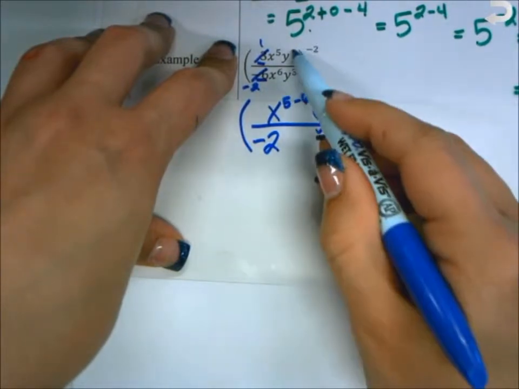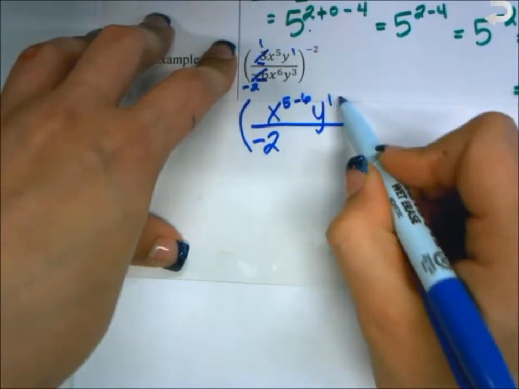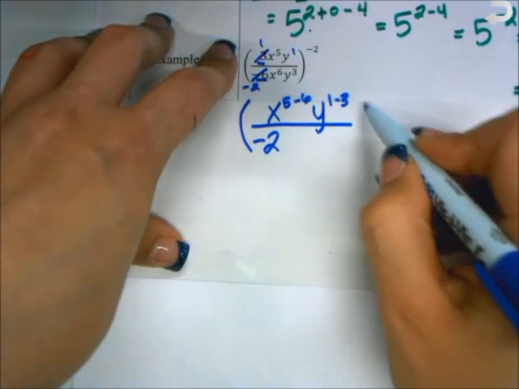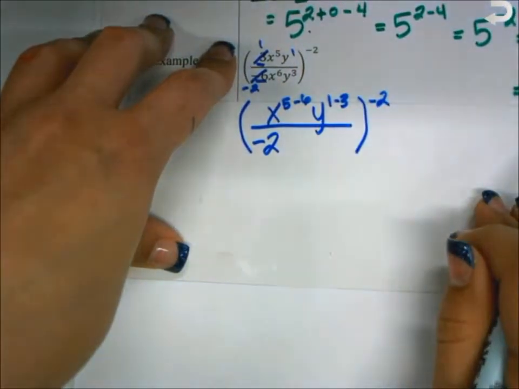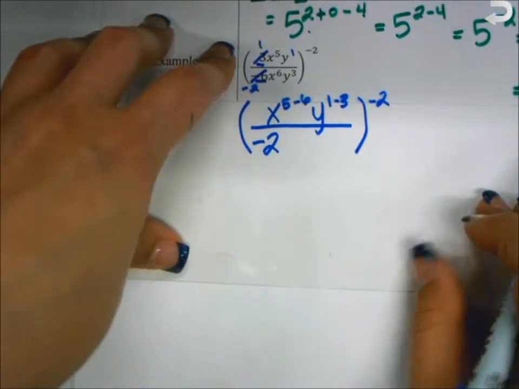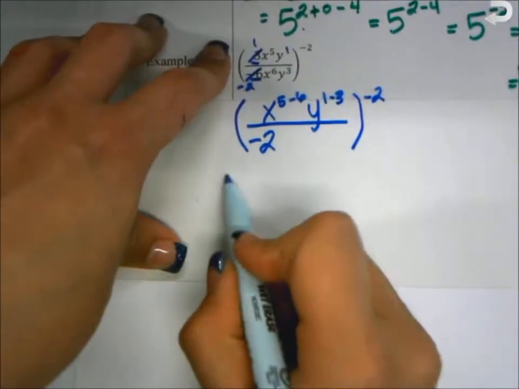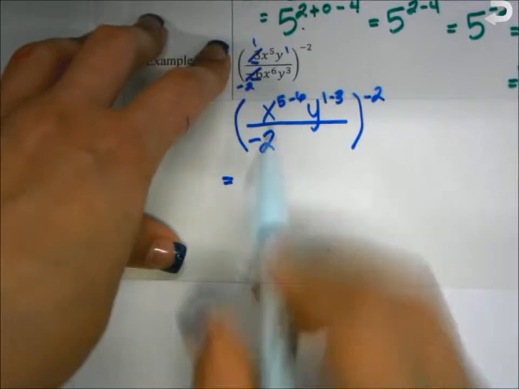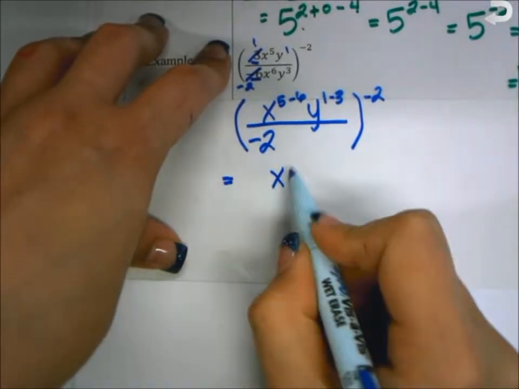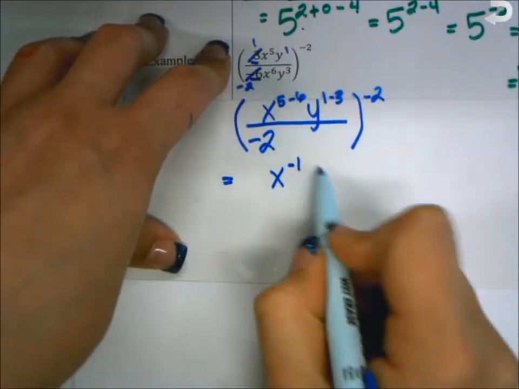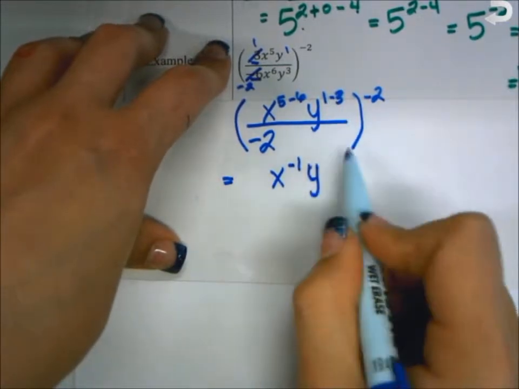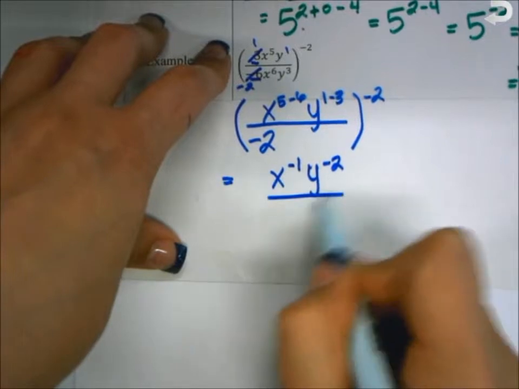All of that is raised to the power of negative 2. So I'm going to keep going. x to the 5 minus 6 is x to the negative first power times y to the 1 minus 3, which is negative 2. All of that over negative 2. And all of that to the power of negative 2.